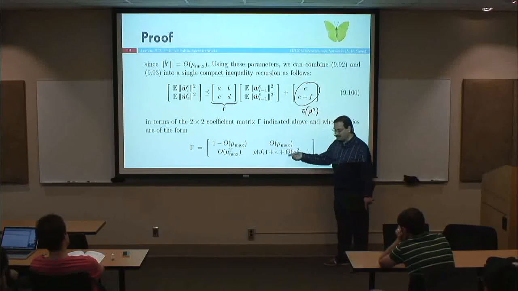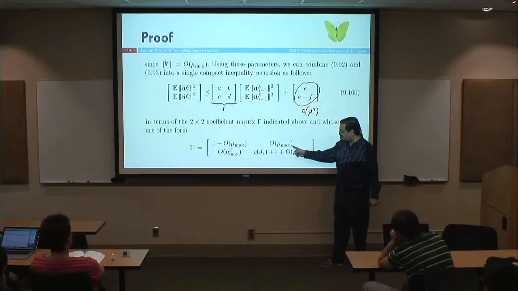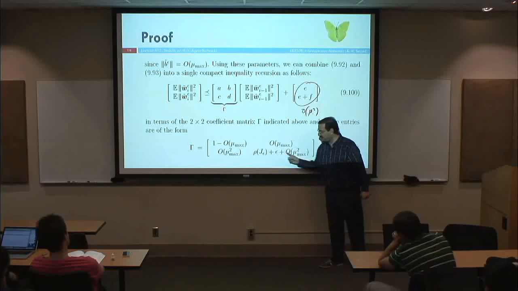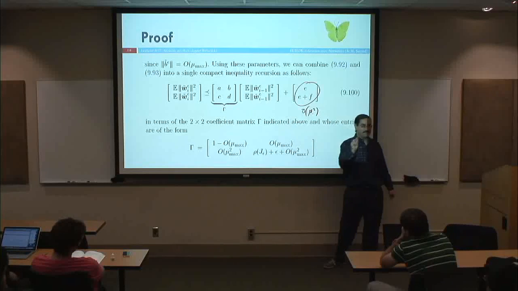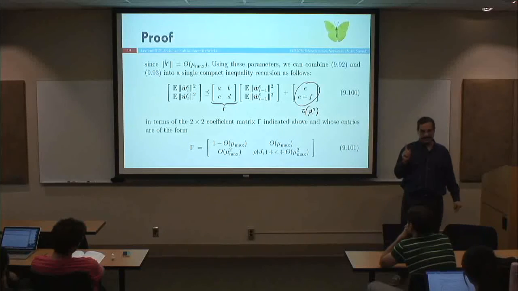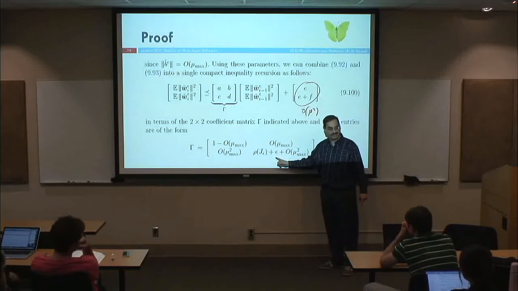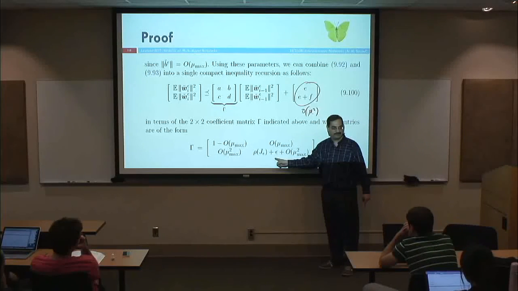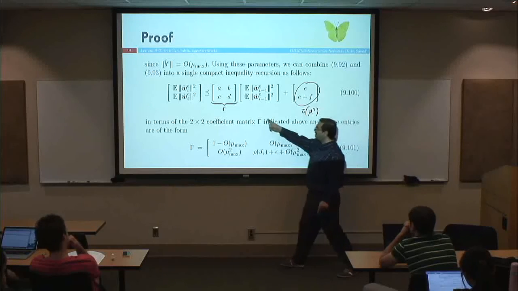What about the one norm of this? Well, you are free to choose epsilon, the epsilon comes up again, and you are free to choose mu. You can always choose them to make this sum less than 1. So the spectral radius of gamma is always guaranteed to be strictly less than 1. You understand? You also understand why this epsilon was necessary, right? You would have been stuck here. Okay? Fine. So this gamma is stable.